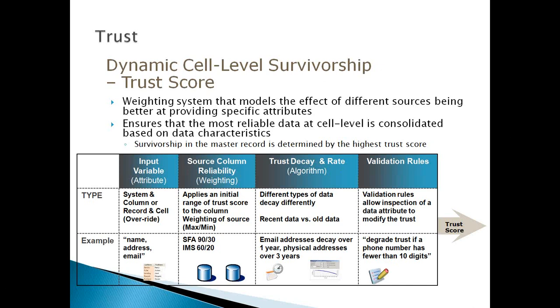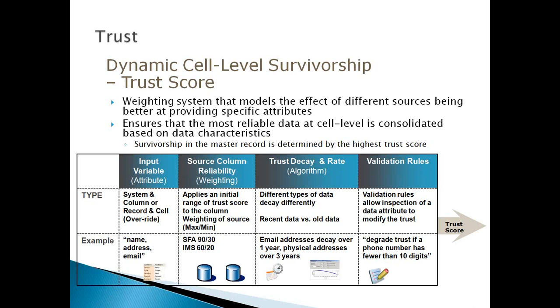And one more thing I want to tell here is what will happen if both the systems are giving you bad data, like the SFA system and the IMS system both are giving you a 9-digit phone number. In that case, MDM will again downgrade both the SFA system as well as the IMS system, and even after downgrading, it will promote one of them into the master record, because something it has to promote.